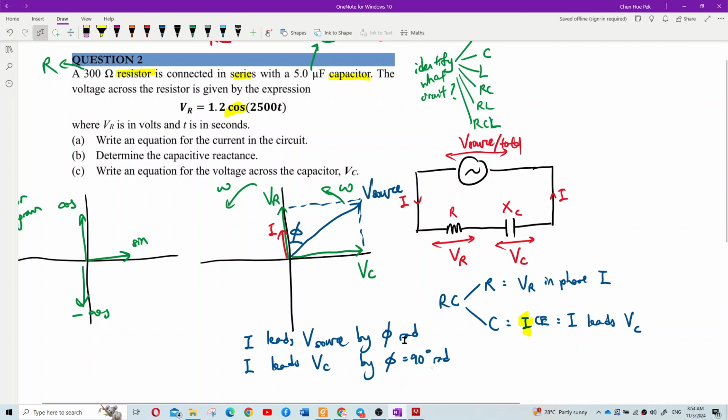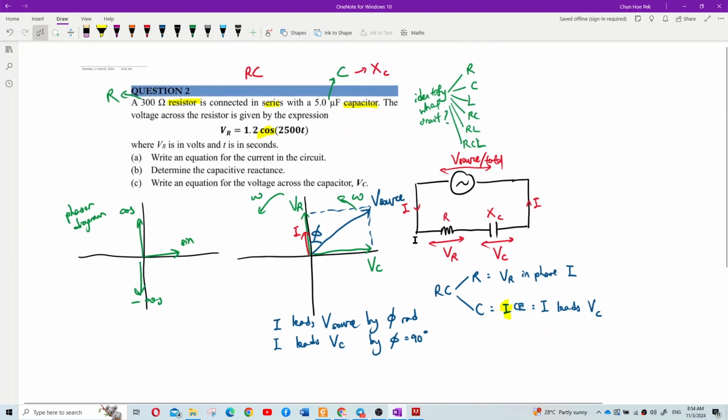This is degree, this radian. But you can change either degree or radian lah, understand? Okay, because got VR. Okay, good.